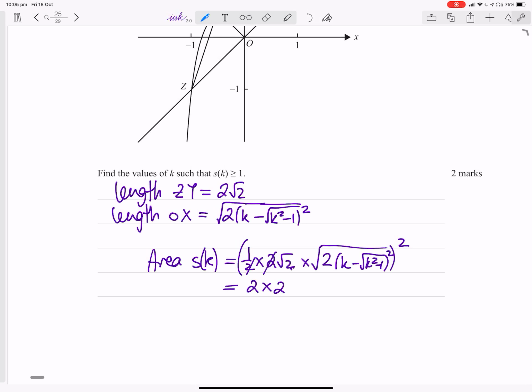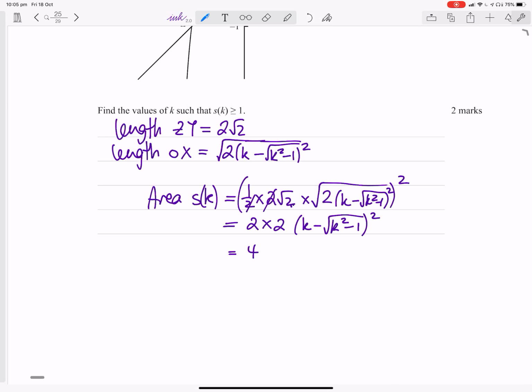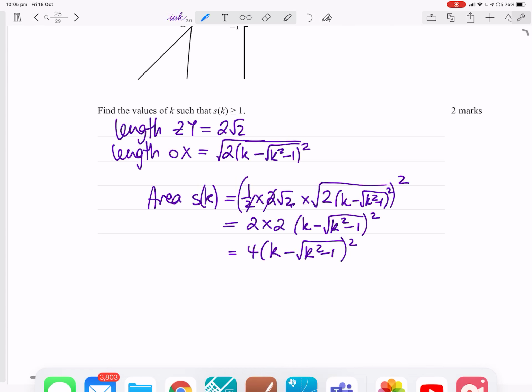And then I've got k minus root k squared minus 1 squared. So it's 4 times (k minus root k squared minus 1) squared. I want to know when that's greater than 1.